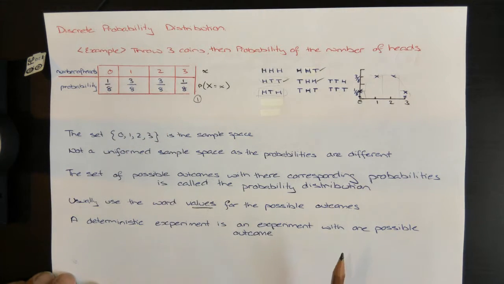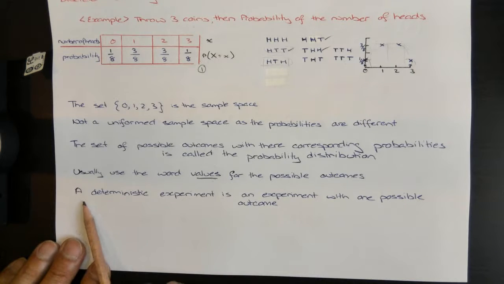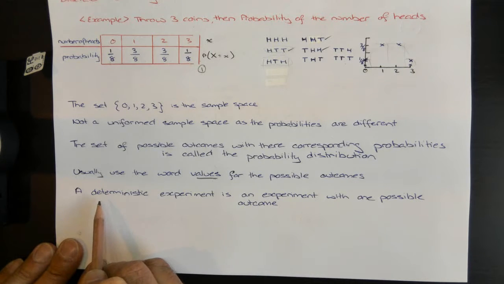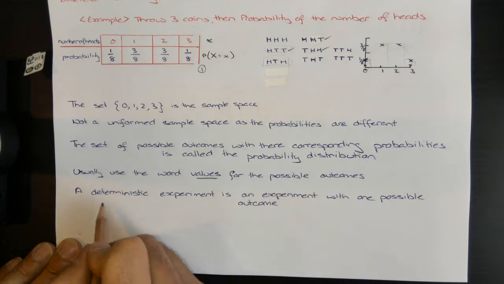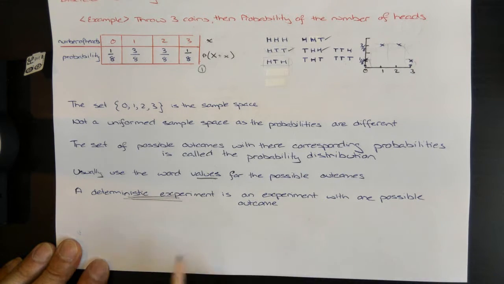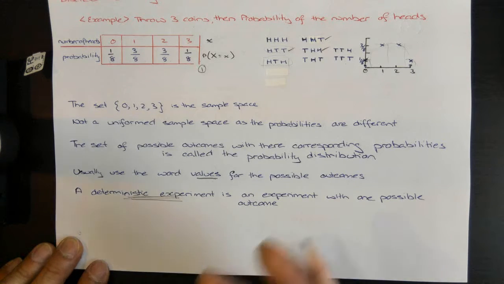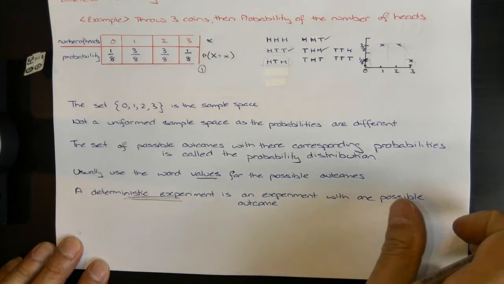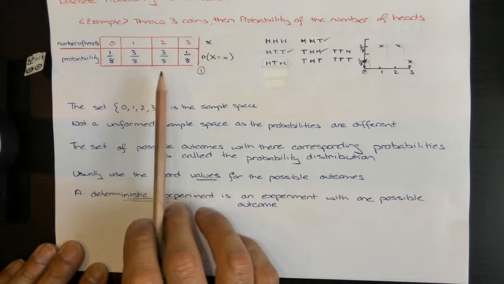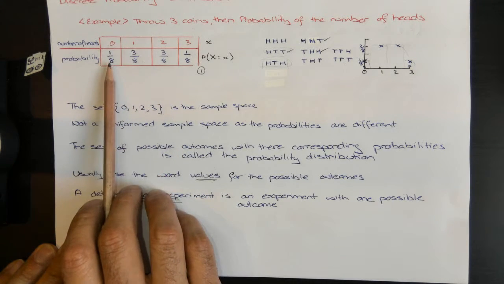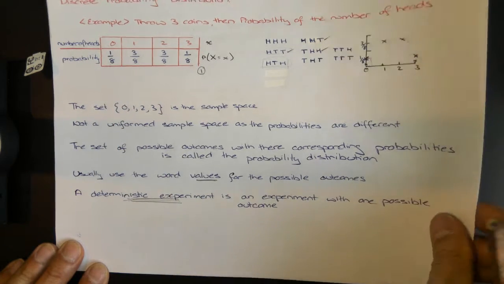It's discrete. Another word we need to know is a deterministic experiment, which is an experiment with 1 possible outcome. For example, if I throw 3 coins and then count how many coins I have at the end, that's going to be 3, and it's considered a deterministic experiment. The probability density would only have one value, with 1 being the probability.